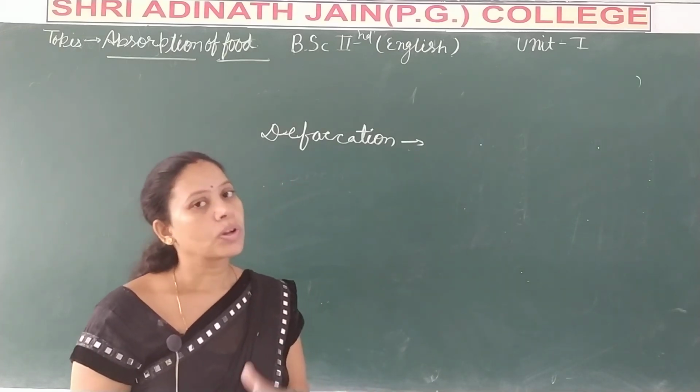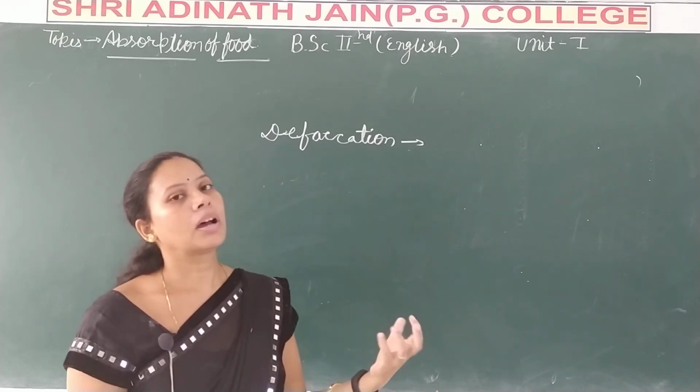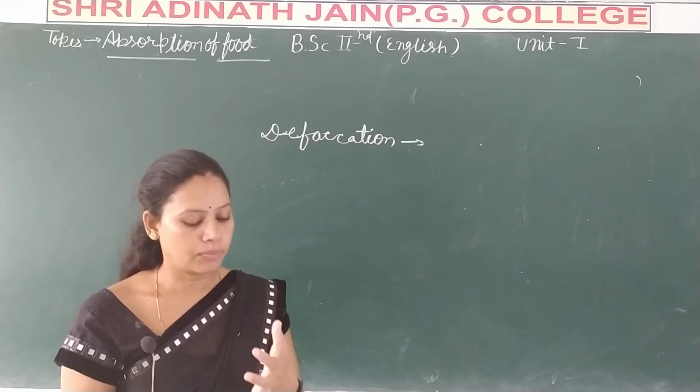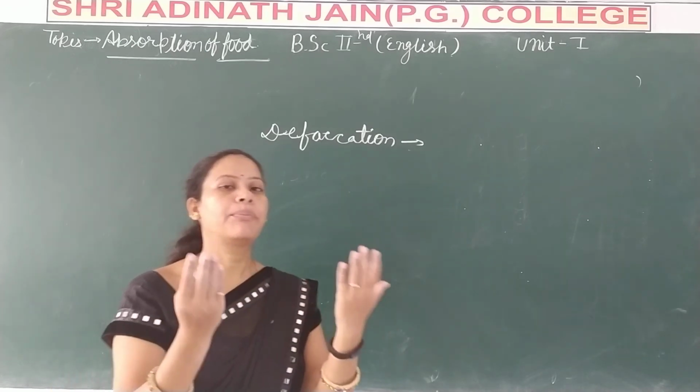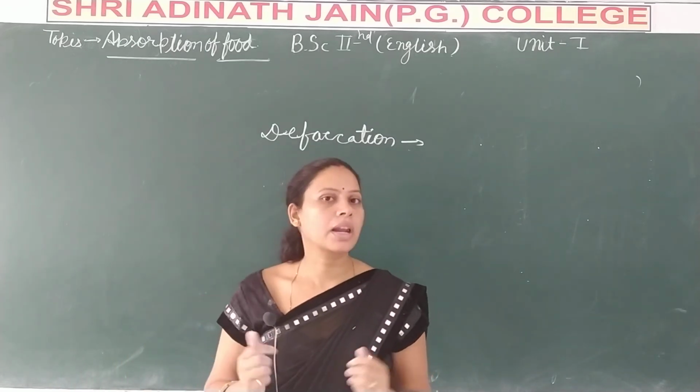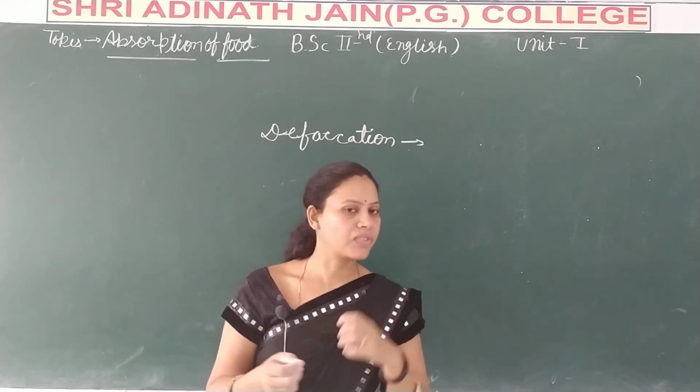As we know, feces have a brown color, and the brown color is from stercobilin. When the bile juice is secreted, the bile pigments give their color to the feces.